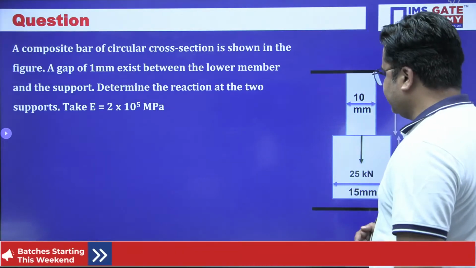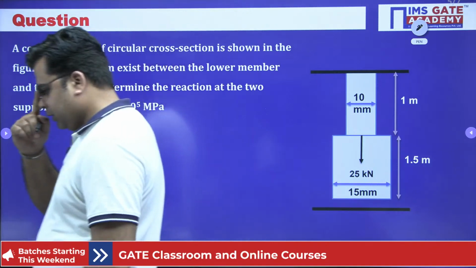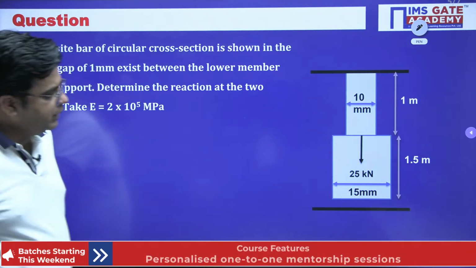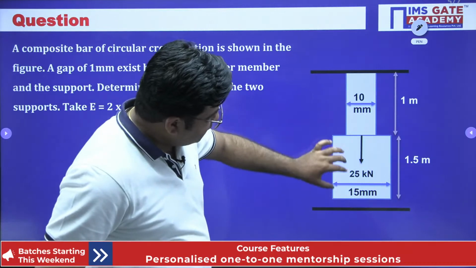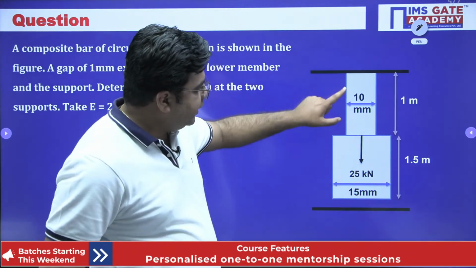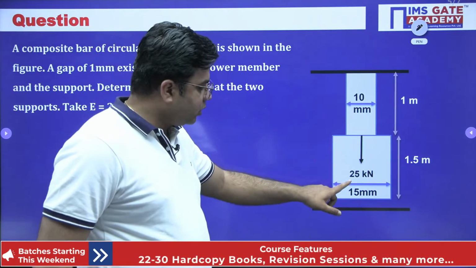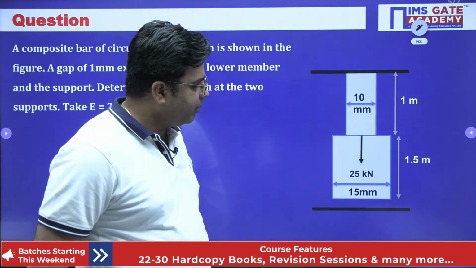We have one question here. The question says that a composite bar of circular cross section is shown in the figure. Both of these cross sections are circular, right? The upper cross section has a diameter of 10 mm and the lower cross section has a diameter of 15 mm.